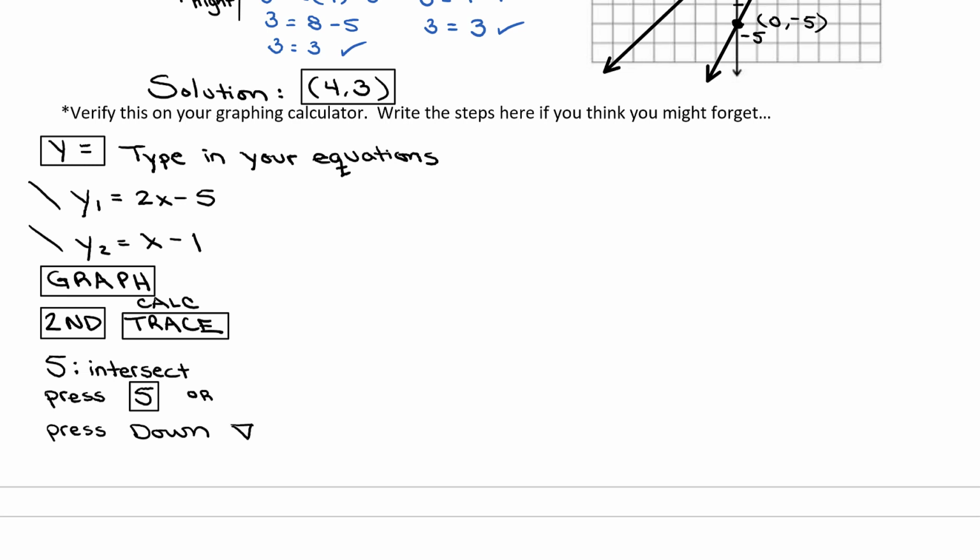It should land you directly on number 5, right next to the word intersect. Then you can press the enter key.